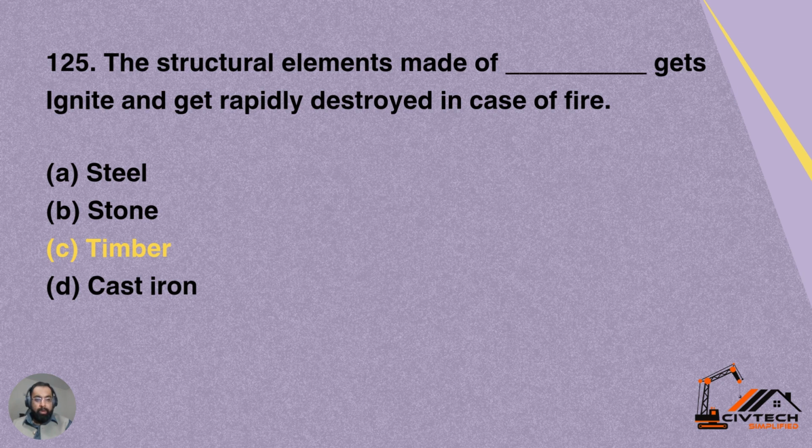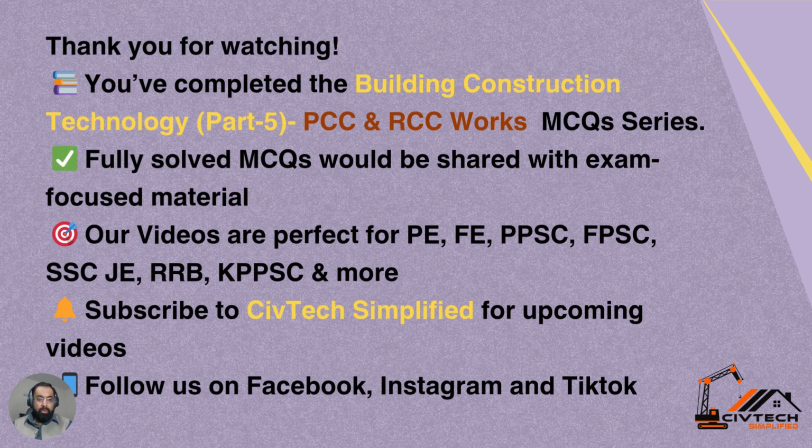Out of these, A, steel structures. B, stone. C, timber. D, cast iron. So timber is the most suitable option out of all these materials. The structural elements made of timber get ignited and get rapidly destroyed in case of fire. So option C is correct for this question, which is timber.